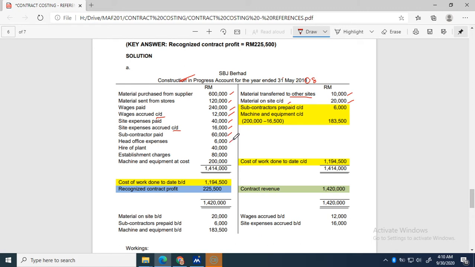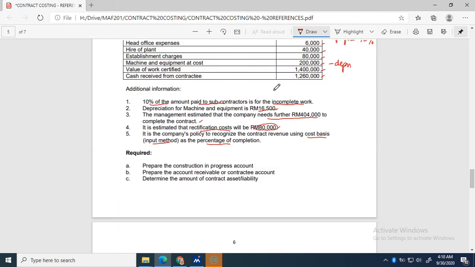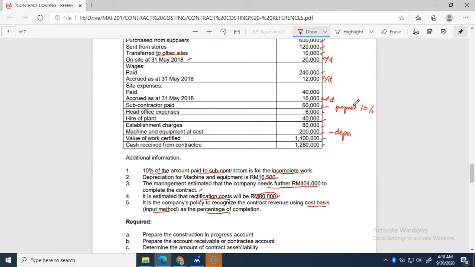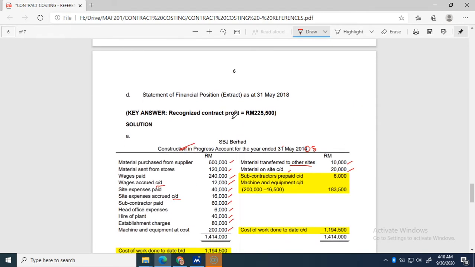Head office expenses, hire of plant, establishment charges, and machine and equipment at cost are to be debited to the CIP. And then from the additional information just now, subcon prepaid: 10% of 60,000 is prepaid, so we have to credit 6,000.